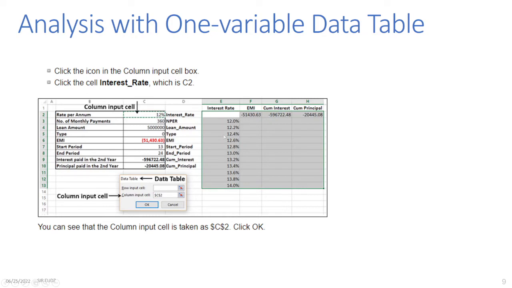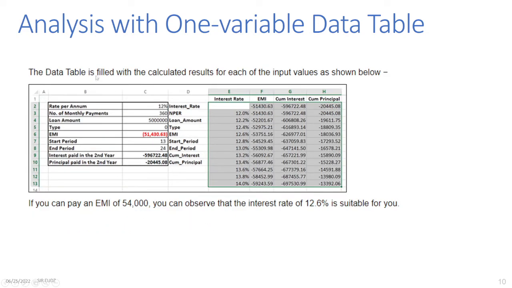That is actually the first column here. So you can see that the column input cell is taken as C2. That's absolute. Then we click OK. So the data table now is filled with the calculated results for each of the input values as shown below.